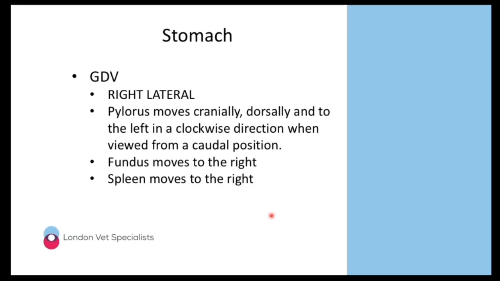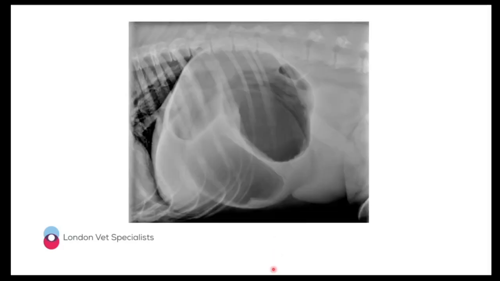It's going to go sort of ventral to dorsal from right to left. And because of that, it's going to end up in a very abnormal location. It's going to end up on the left. The fundus is going to end up on the right. And because the spleen is attached to the stomach, then the spleen is going to move with the stomach, and then the spleen is going to end up on the right as well. So this is the sort of radiograph that we don't really want to see if it's 11 p.m. on a Friday night and we're on call.